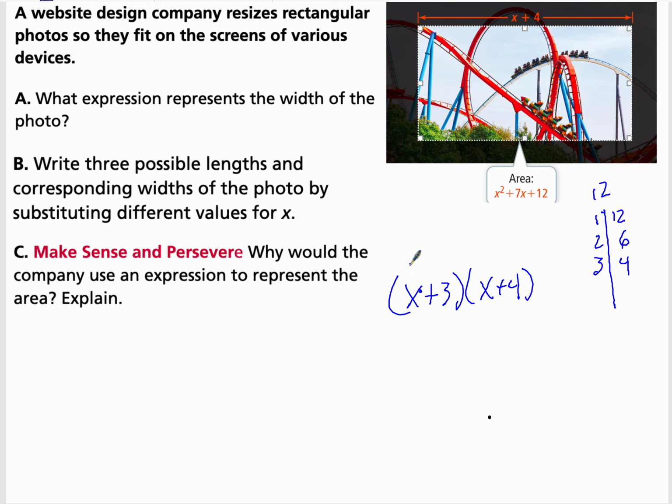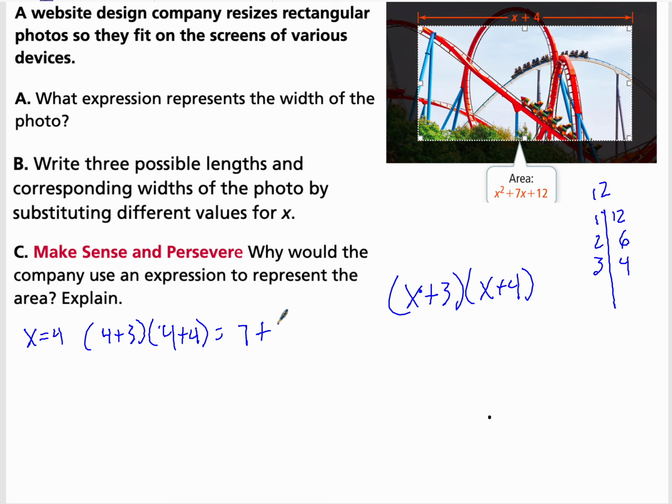So I can choose numbers like, x equals 4. So that would mean 4 plus 3 times 4 plus 4, which would just be 7 times 8, right? And then, not 7 times 8, 7 plus 8.